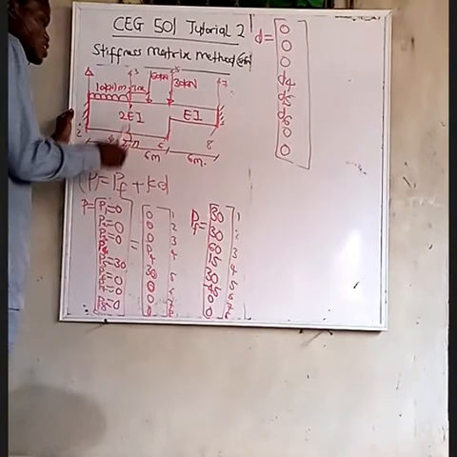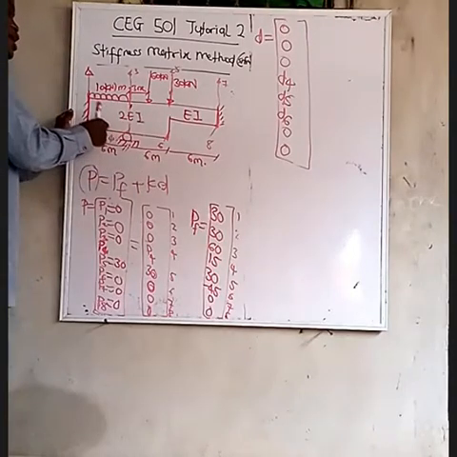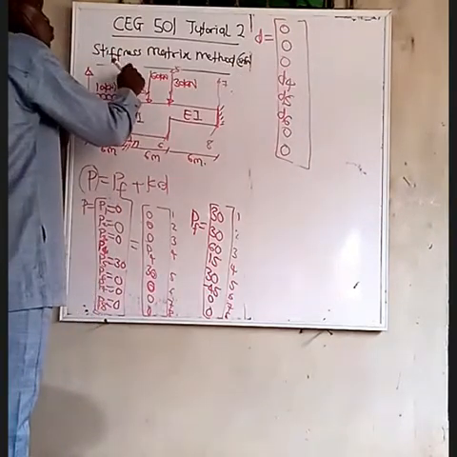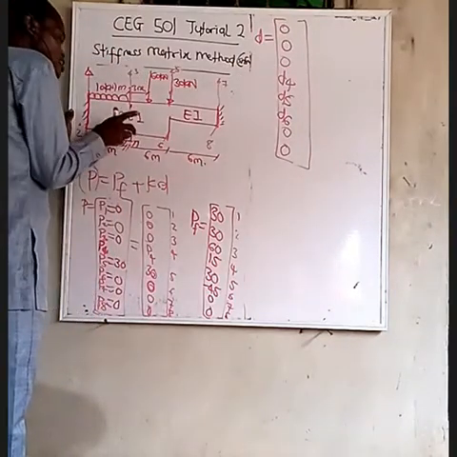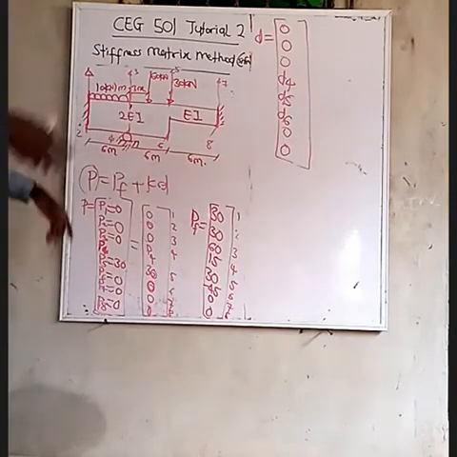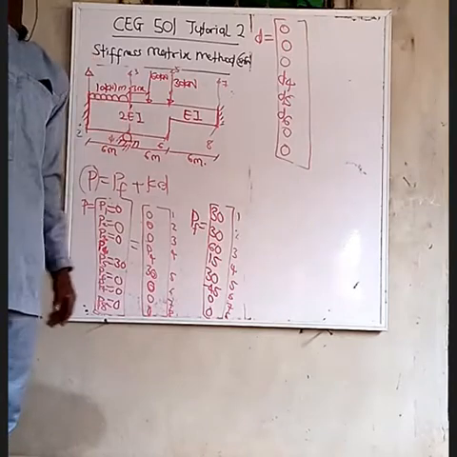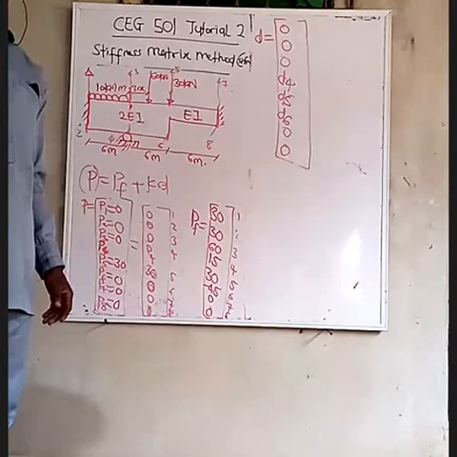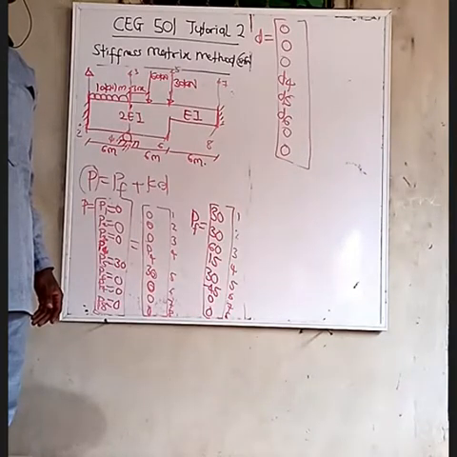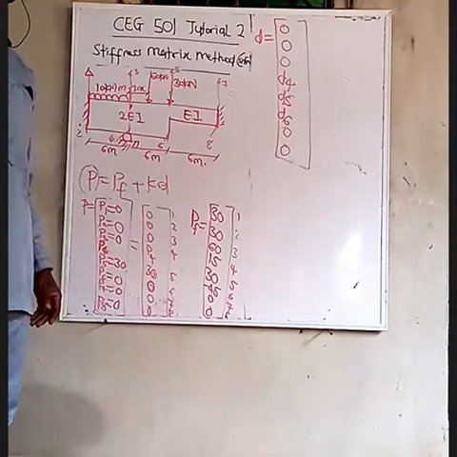But for a moment or a rotation at this point, it's possible that we have that. So that's why we are going to have D4, but for D3, it's going to be zero, because this support is restraining motion in that vertical direction. Does that answer your question? Yes, thank you.